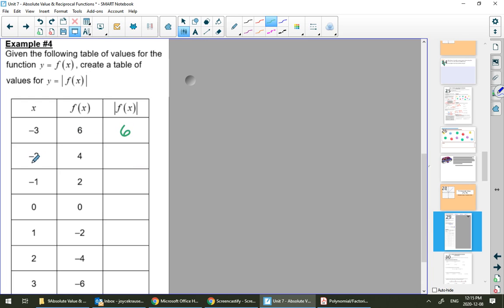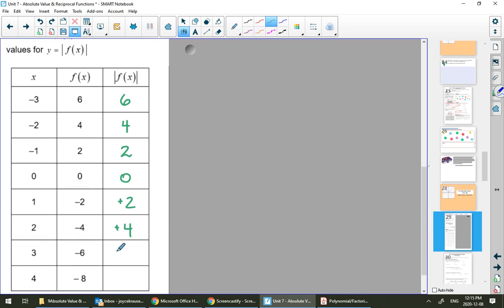So 6 stays 6. -2 comma 4 becomes -2 comma 4. -1 comma 2 is -1 comma 2. 0 and 0 stays 0. 1, -2 now becomes 1 and +2. 2 and -4 becomes 2 and +4. 3 and -6 becomes 3 and +6. And 4 and -8 becomes 4 and +8.